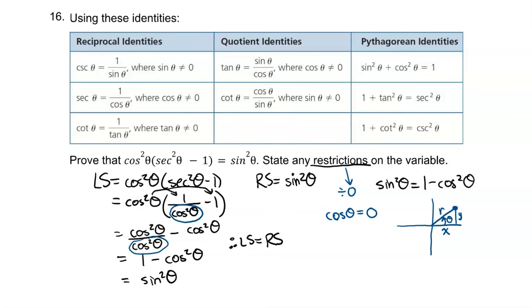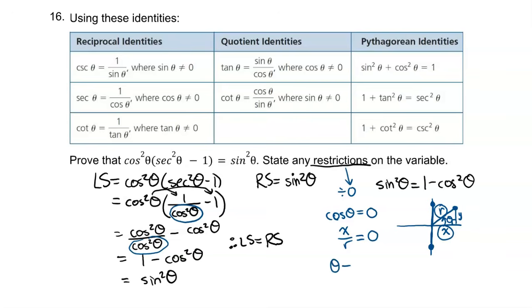Now we ask ourselves, because it's a 90-degree triangle, when is cosine theta going to be 0? Well, cosine is the adjacent over the hypotenuse. So what we're really saying is, when is x over r going to be 0? That's going to be 0 when x is 0. Well, when is x 0? X is 0 at this angle right there, which is 90, and at this angle right here, which is 270.